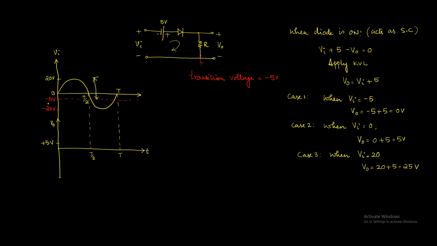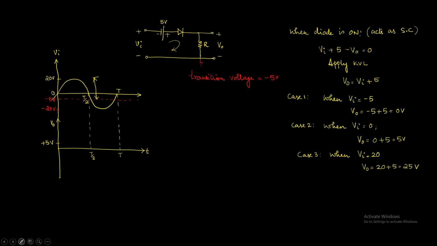Now since this input waveform, if you observe, is having a transition voltage minus 5, let me extend this waveform. So it comes like this when it goes into the negative cycle. The same thing has to be replicated in the output waveform.